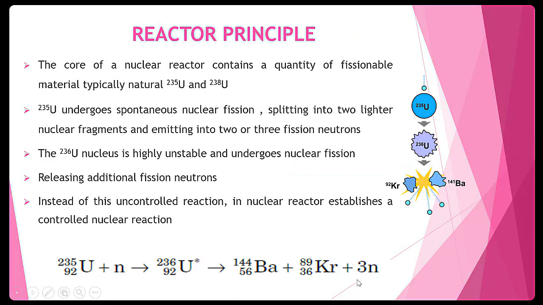Instead of an uncontrolled reaction, in a nuclear reactor we control this nuclear reaction. So basically, uranium 235 will become uranium 236, which is unstable and will further undergo nuclear fission to form krypton and barium.